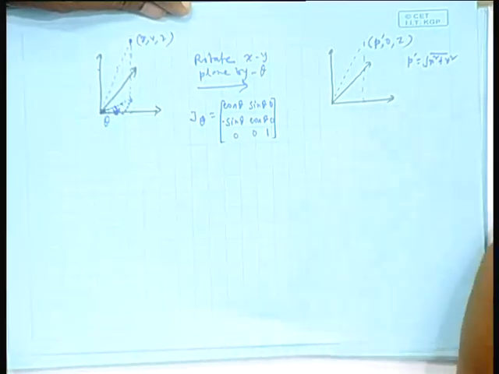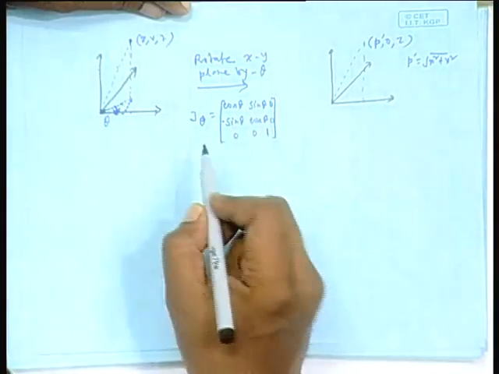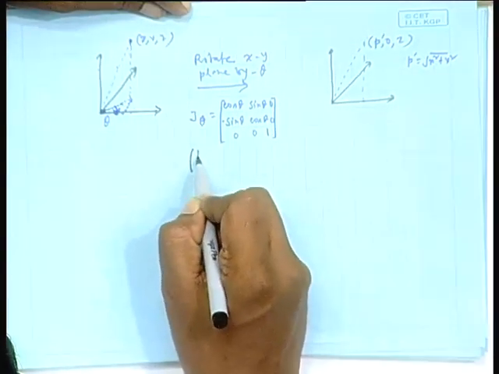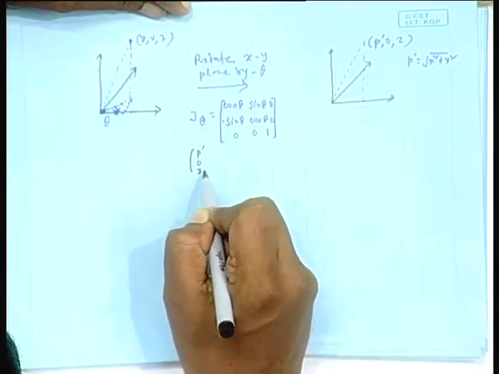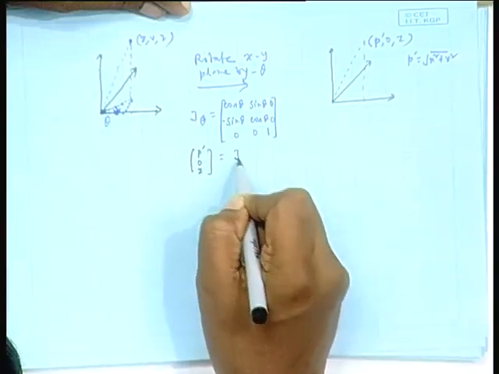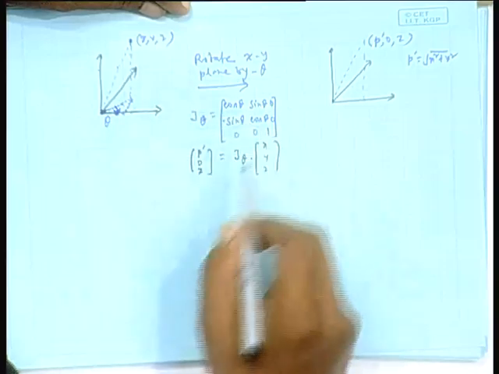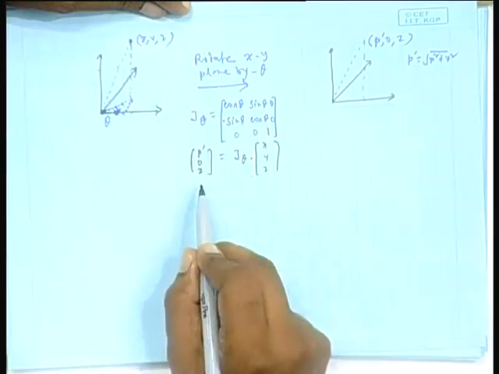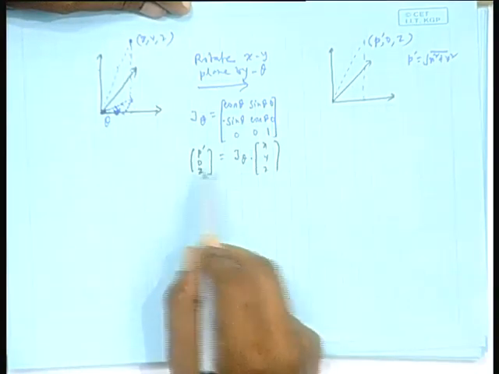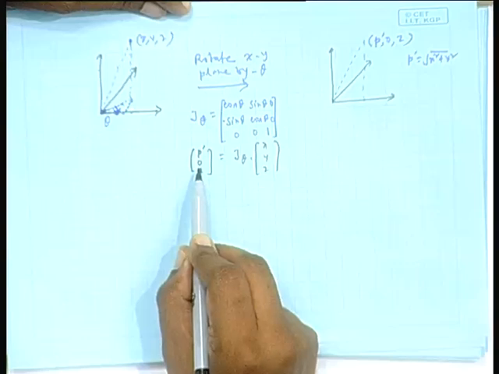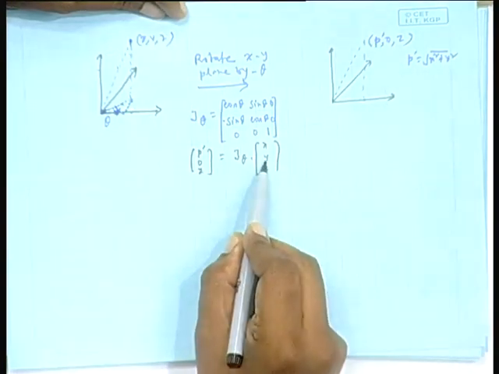So, that means this vector p prime 0 z is obtained by doing this: give it x y z, I apply on this the operator J theta, I get this. One value has been annihilated and 0 has come in, it is called annihilation. Y has been annihilated.